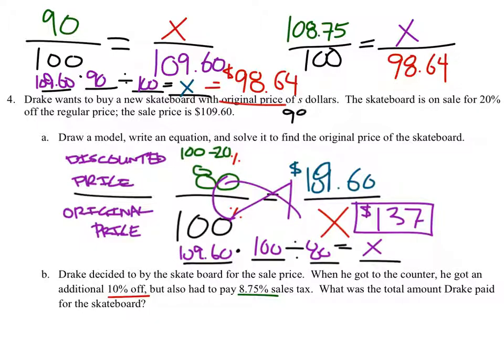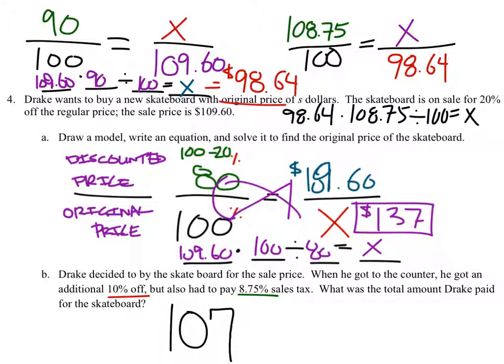So I got 98.64 times 108.75 divided by 100. And this would equal the new after sales tax price, which is 27. So we'll round that to 27 cents. Yep. So the final price on that, $107.27.